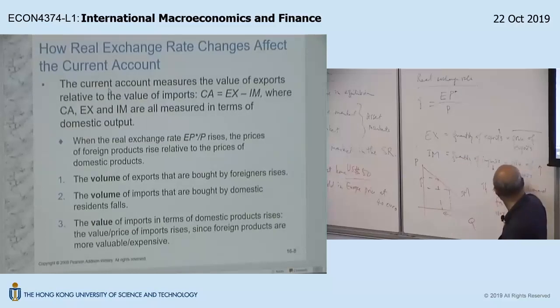Then the increase in price will lead to very little decrease in quantity, so this whole thing will rise.